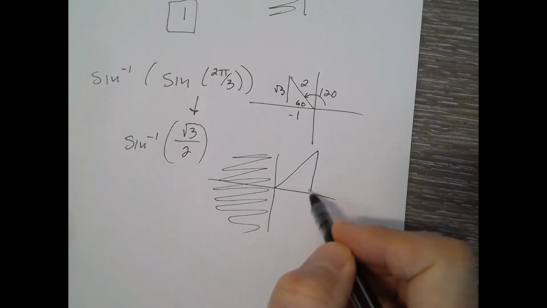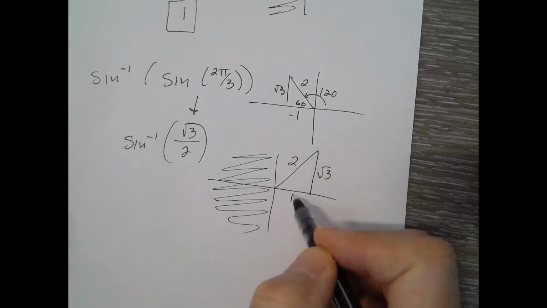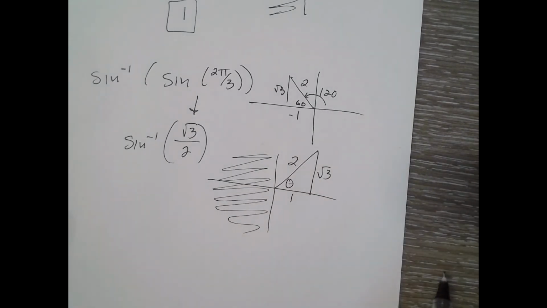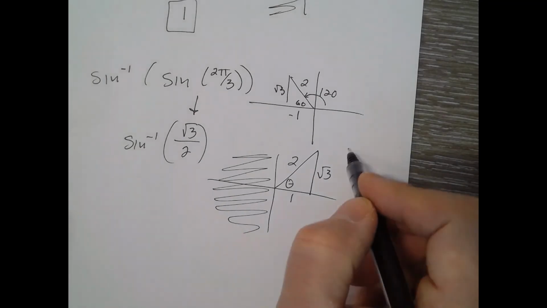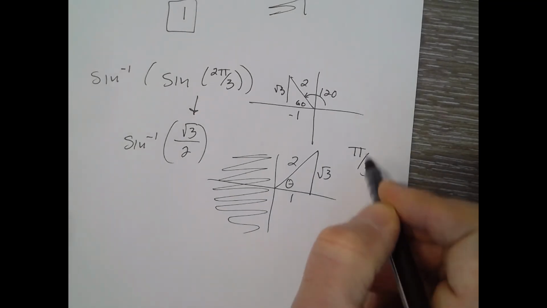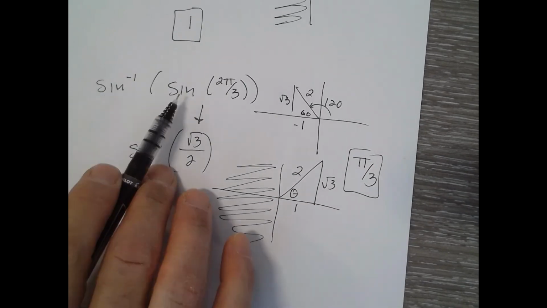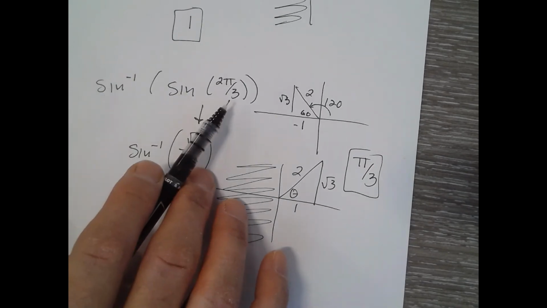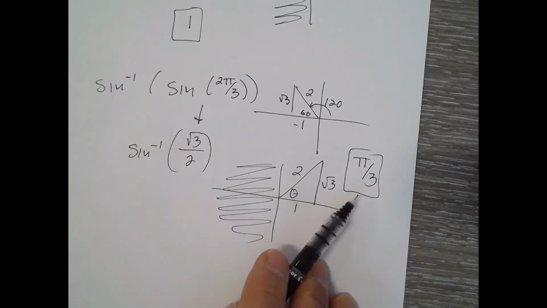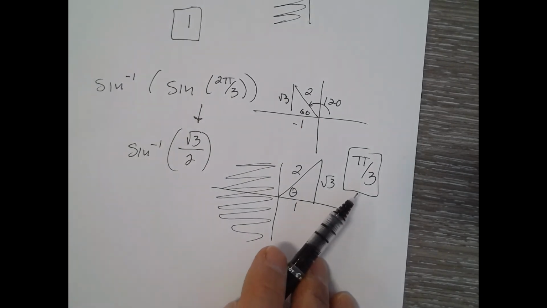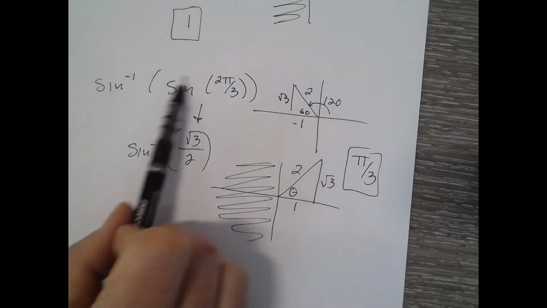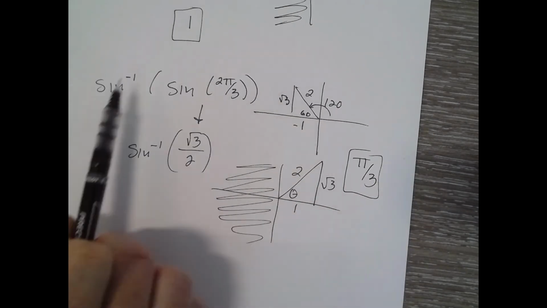How big is that right there? 60 degrees, or pi over 3. Okay, so the inverse sine of the sine of 2 pi over 3 is not 2 pi over 3. It actually is pi over 3. So just work your way out. Do this first, and then do that one.